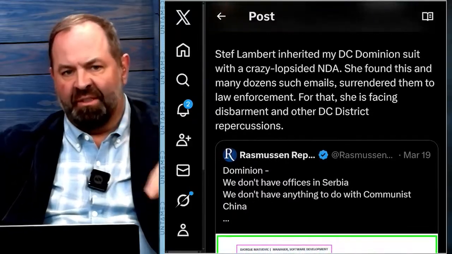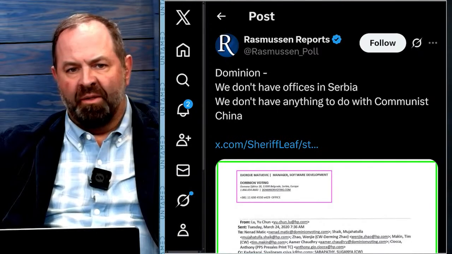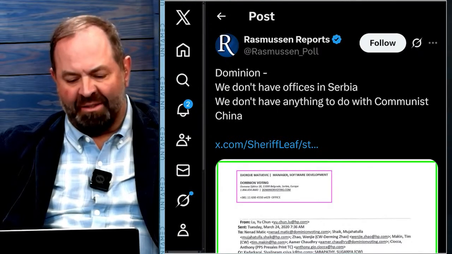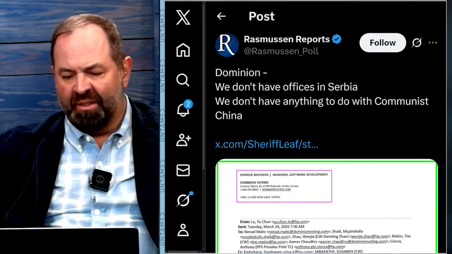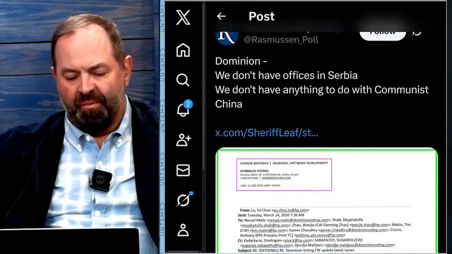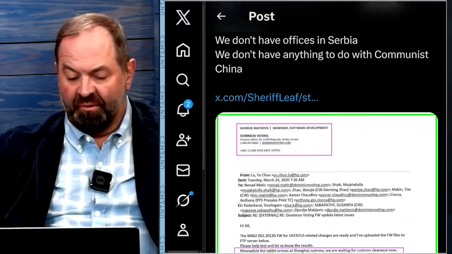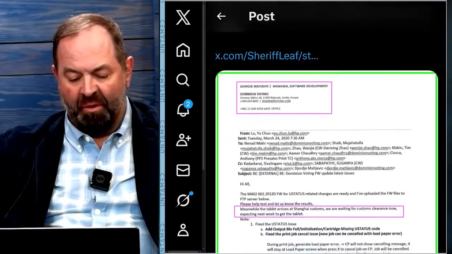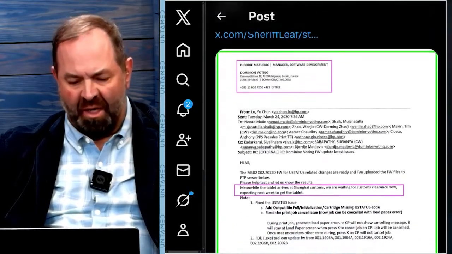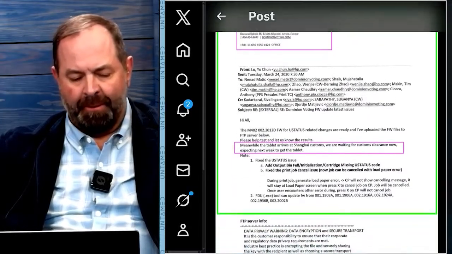So let's look at this deal from Rasmussen Reports. This is an email dating back to Sheriff Dar Leaf. Now in this email, if you look through it, and this is the part that blows my mind, it outlines a couple of very key things.